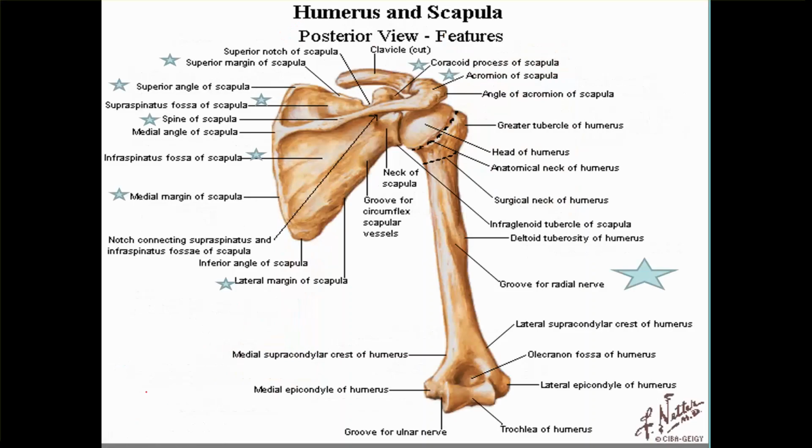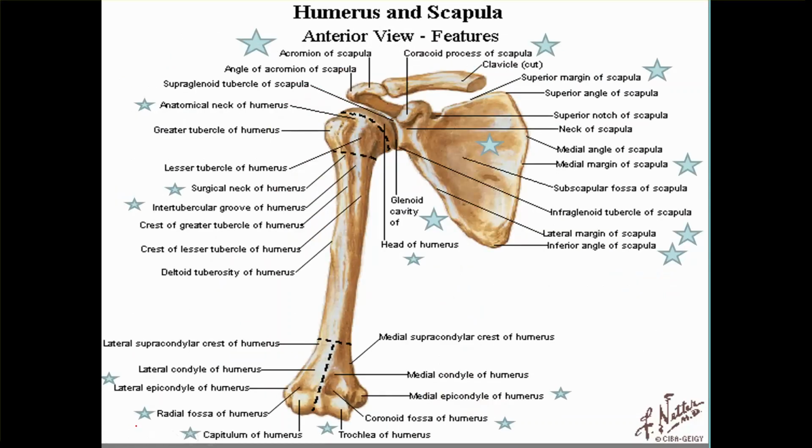This is another view. Again you can see all the details which we had just mentioned. Anterior view. Now I will go into the humerus. I'll start explaining about the humerus. The humerus has three parts. This is called the upper end of the humerus.